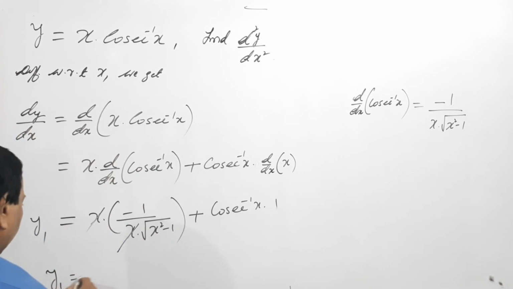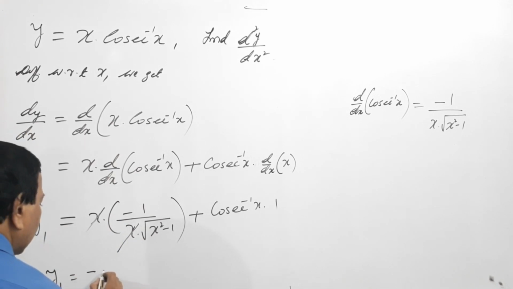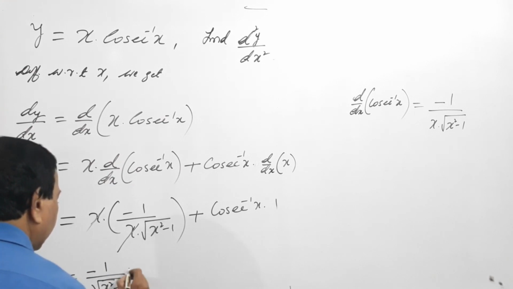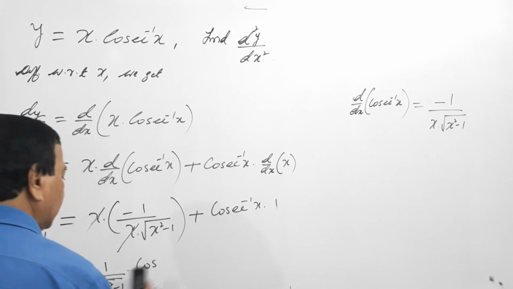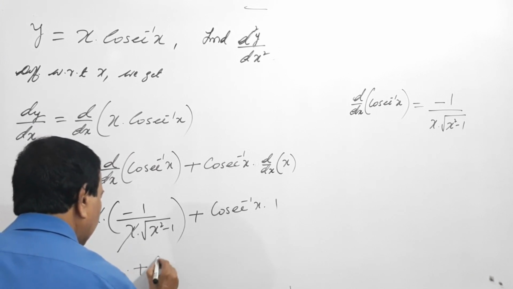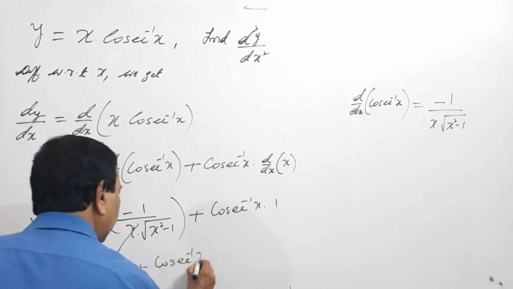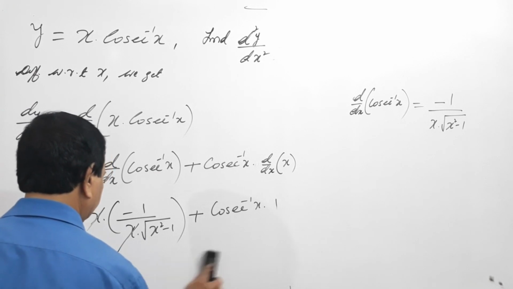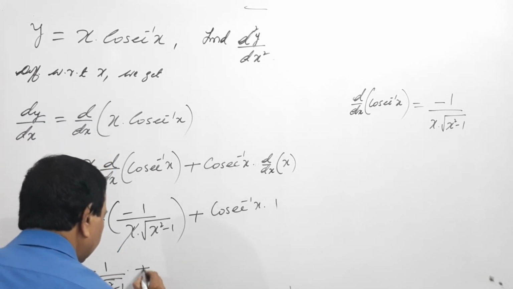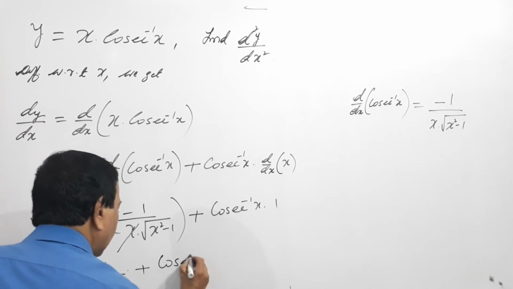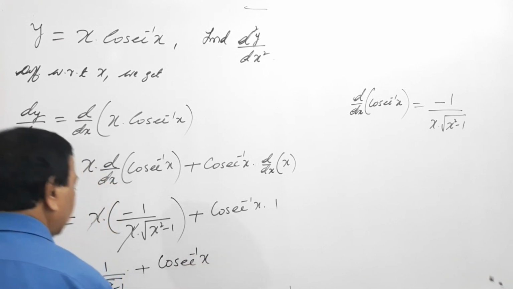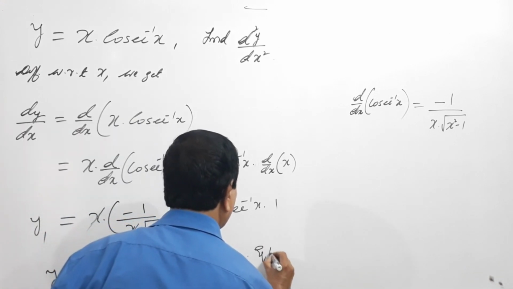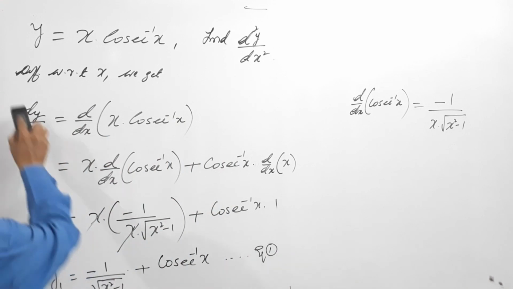So y1 equals to minus 1 by under the root x square minus 1, plus cosecant inverse x. I call this as equation 1.